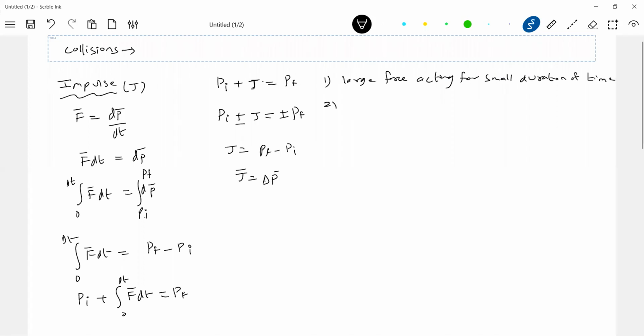Second one, large force acting for large duration of time. Third situation, small force acting for large duration of time. Fourth one, small force acting for small duration of time.